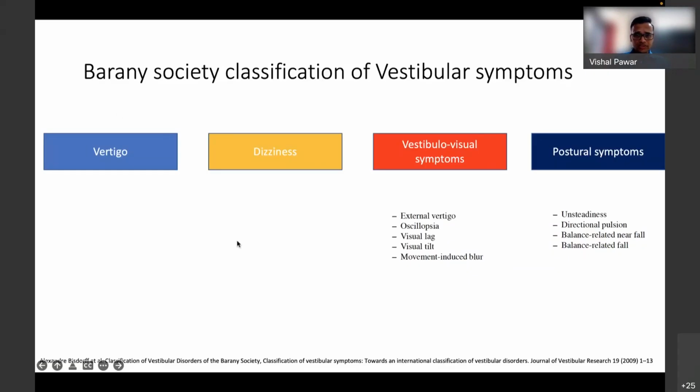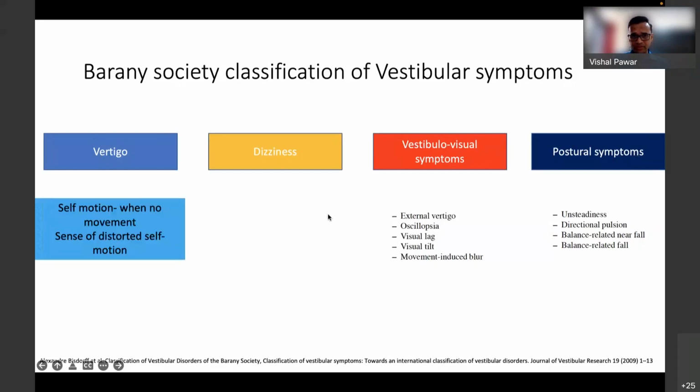So this is what I was talking about. Recently, the Barany Society has come up with a classification of vestibular symptoms: vertigo, dizziness, vestibular visual symptoms, and postural symptoms. Vertigo was earlier regarded as a sense of rotation, but according to the newer classification, it is any sense of self motion when there is no movement.